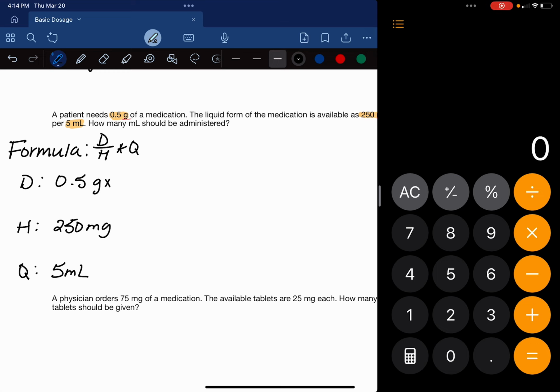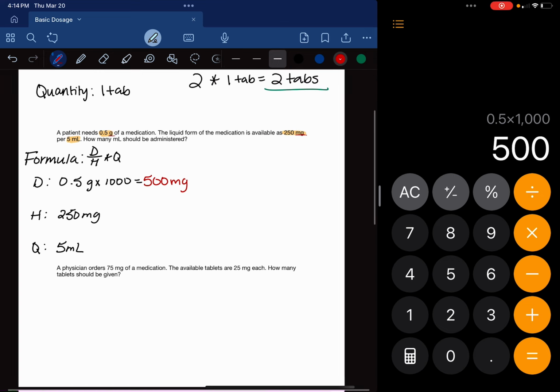So 0.5 times 1,000 equals 500. So now we're at 500. Okay. So now we have 500 milligrams. So look, now both things match. 500 milligrams, 250 milligrams. Now let's go ahead and set this problem up.